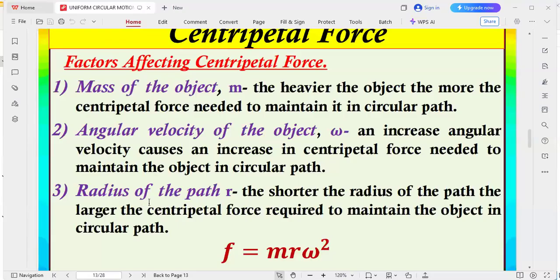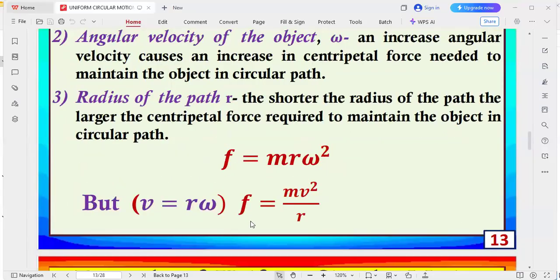It's very easy to negotiate a very large roundabout because the centripetal force required is very small. But it's very difficult to negotiate a bend at the same speed of a smaller roundabout. So those are the three factors: mass of the object, angular velocity, and radius of the path. It's expressed here in formula.